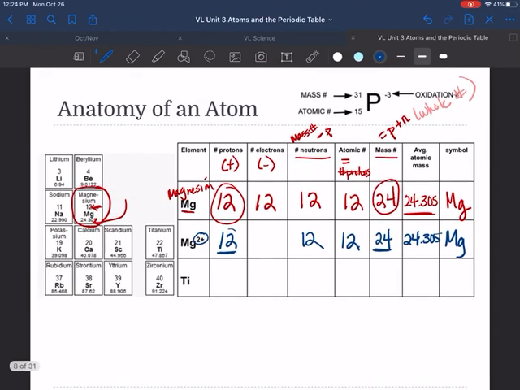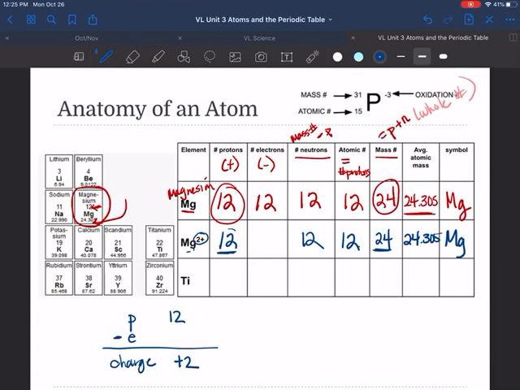So here's what we've got. Protons minus electrons gives you the charge, right? Well, in this case, we know that the charge of magnesium is +2. We know that the protons are 12. Just because it says +2, don't get confused and think that it has 2 more positive charges, so it has 14 protons.